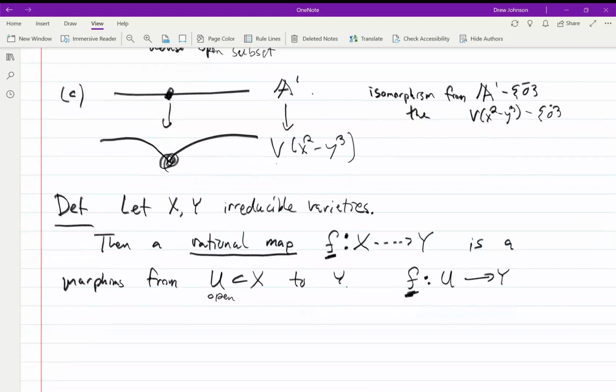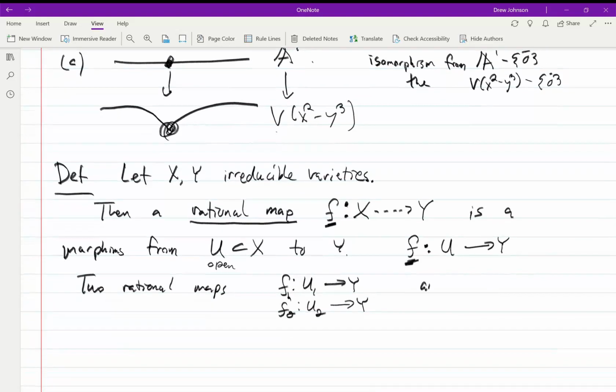That's very common. We also say that two rational maps, let's say f1 from U1 to Y and f2 from U2 to Y, where U1 and U2 are open subsets of X, are considered the same if f1 is equal to f2 on some non-empty open subset V in the intersection.